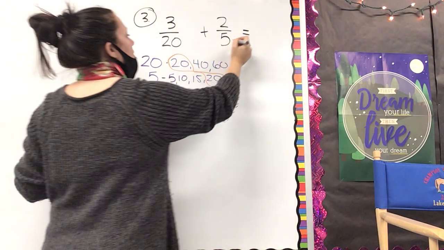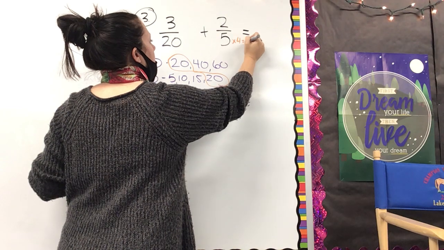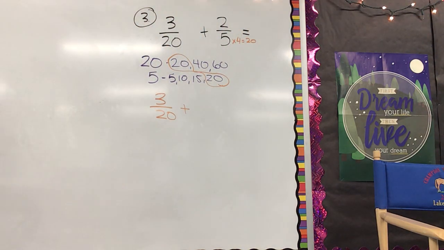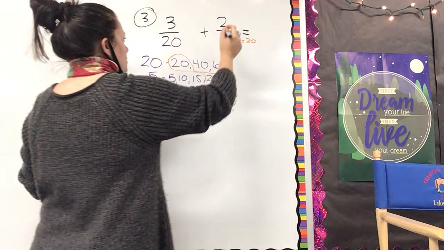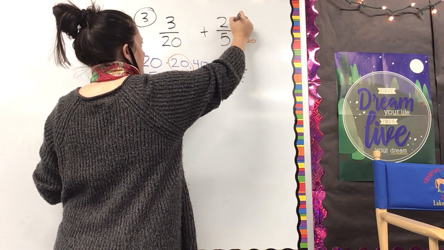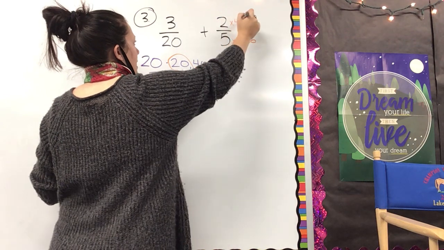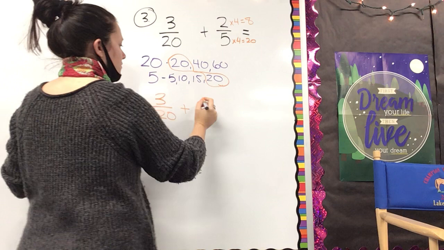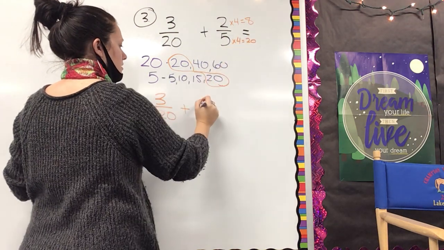Good. 5 times 4 is 20. Jealous sibling, this 2 is jealous of that 5. What I do to the bottom, I also have to do to the top. So I also have to multiply by 4. 2 times 4 is 8, so my new fraction here is 8 20ths.